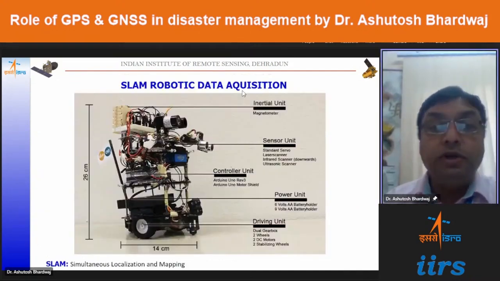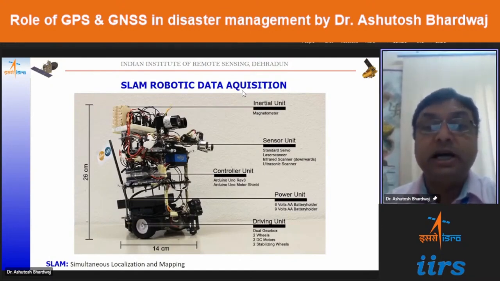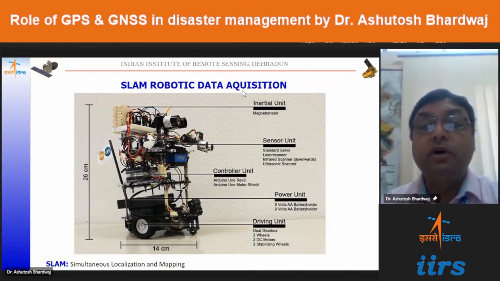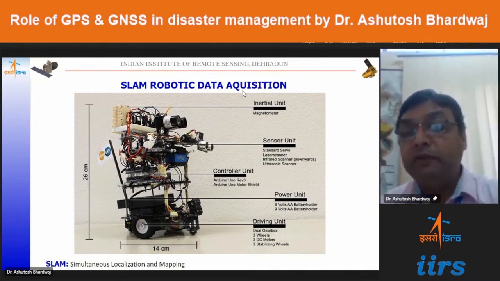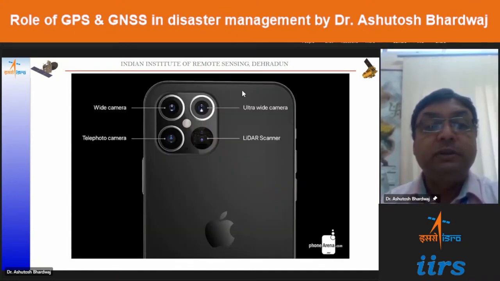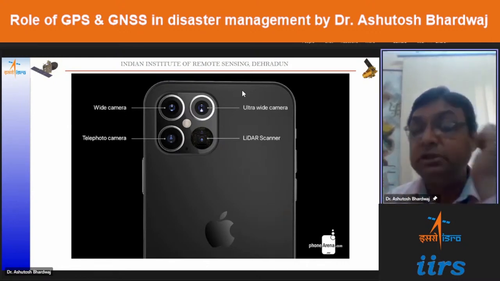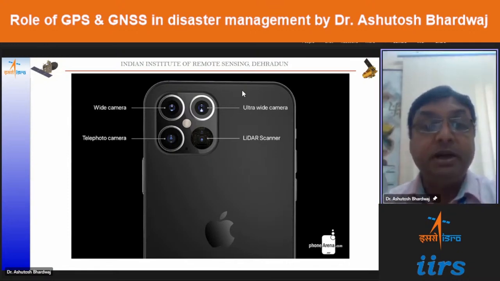For robotic data acquisition also, we need GPS sensors and IMU sensors for automated mapping and various applications. Many applications are there now, and LiDAR has been integrated into the mobile also. So there is a time where we are seeing a lot of applications, a lot of sensors being integrated.